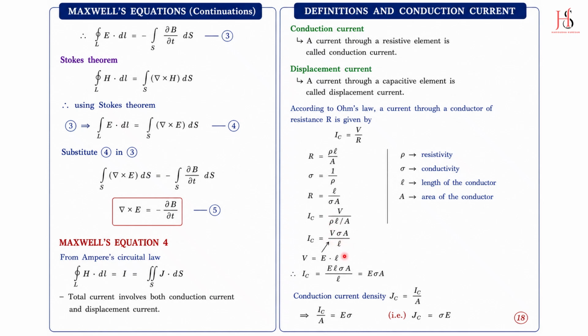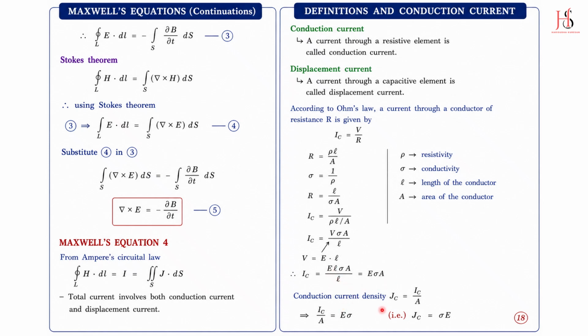There is another formula, V is equal to E into L. Therefore the conduction current can be written as E L sigma A divided by L. So this can be simplified as E sigma A, where L and L get cancelled.